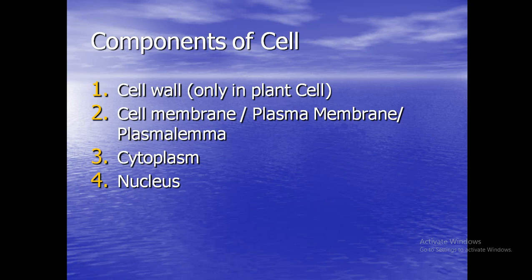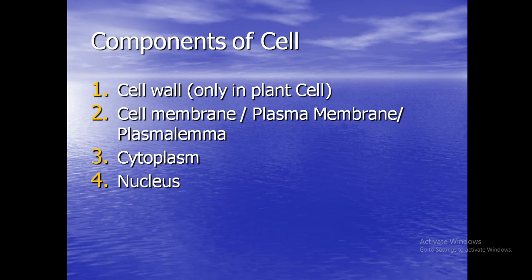Then in the center, in most of the cases, if not in all, a nucleus is there. That's in the eukaryotic cell, because the nucleus is bounded again by a membrane and makes it very distinct inside the cytoplasm.